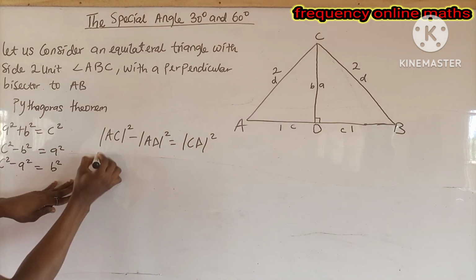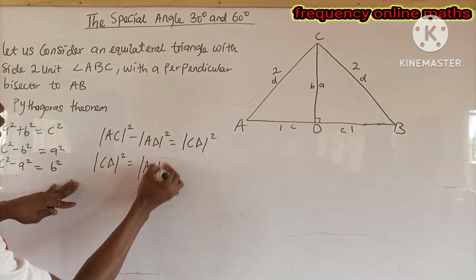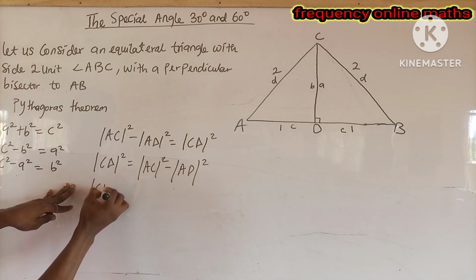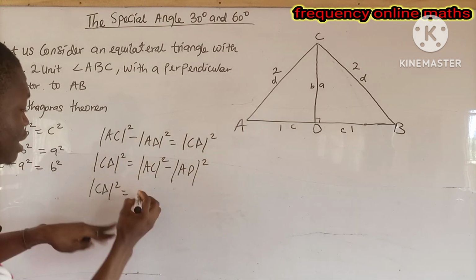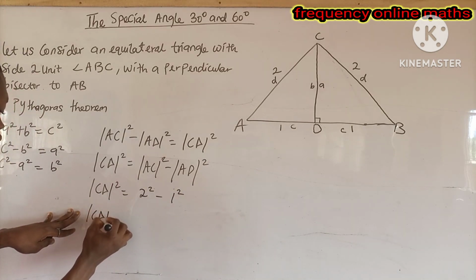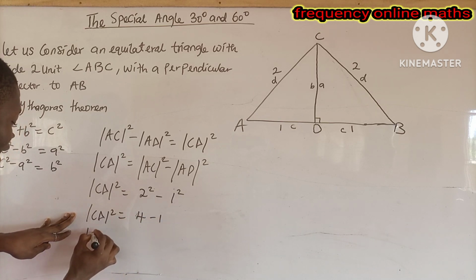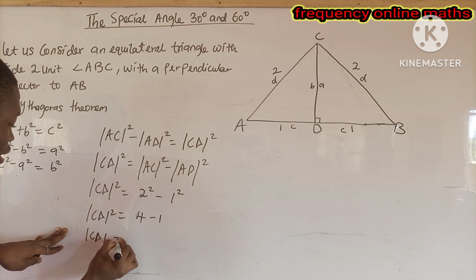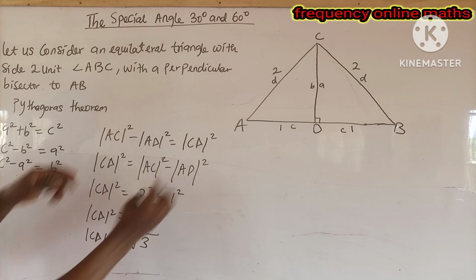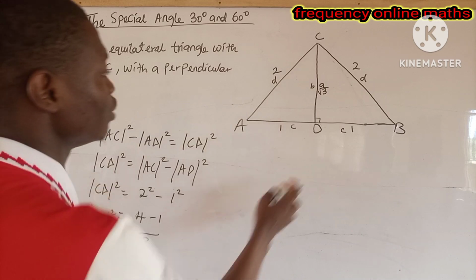So line CD squared is equal to AC squared minus AD squared, which is 2 squared minus 1 squared. 2 squared is 4, 1 squared is 1. So line CD is equal to the square root of 4 minus 1, which is 3. So we can put root 3 for line CD.